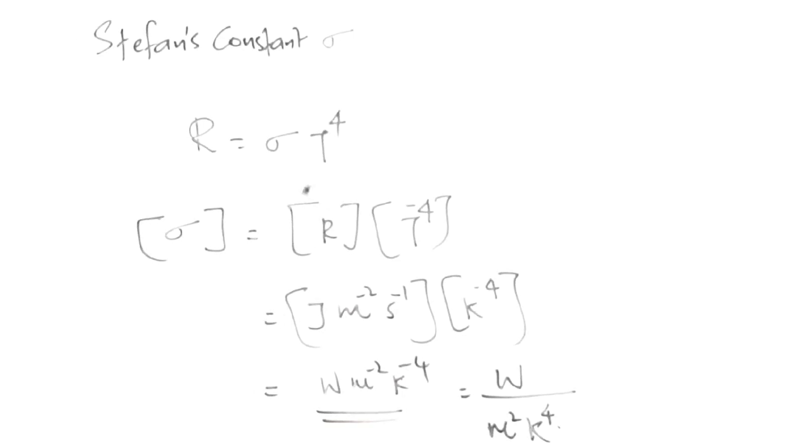So unit of R is energy emitted per unit area per second, that is energy, that is joule, per unit area means meter raised to minus 2, per second means second raised to minus 1, into the unit of temperature, that is Kelvin raised to minus 4. Then joule per second is watt, so watt, meter raised to minus 2, Kelvin raised to minus 4. So the answer is watt divided by meter square Kelvin raised to 4.